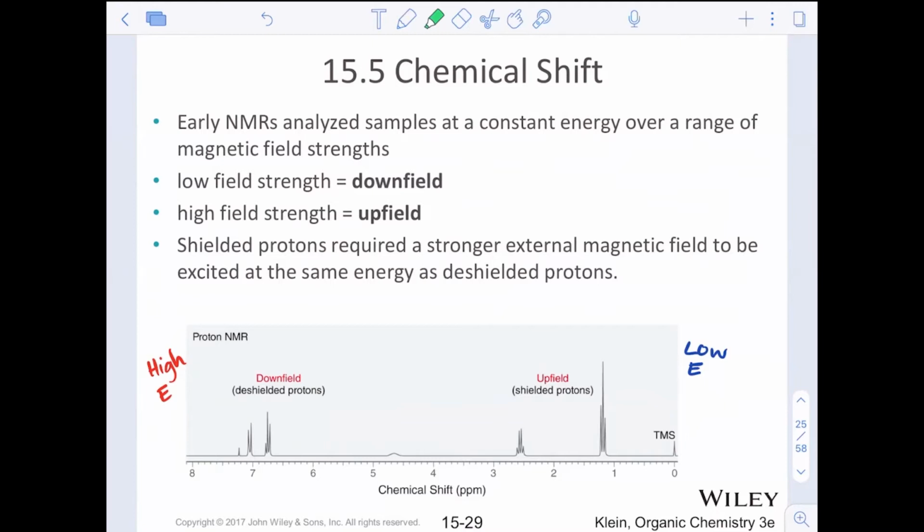So why do they appear in this range along the x-axis? And this is a typical NMR, just one so that we can start dissecting it and knowing what certain definitions are.